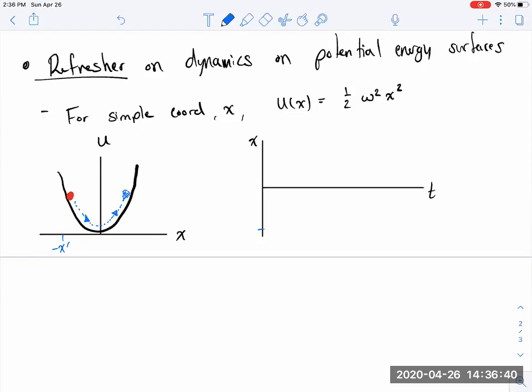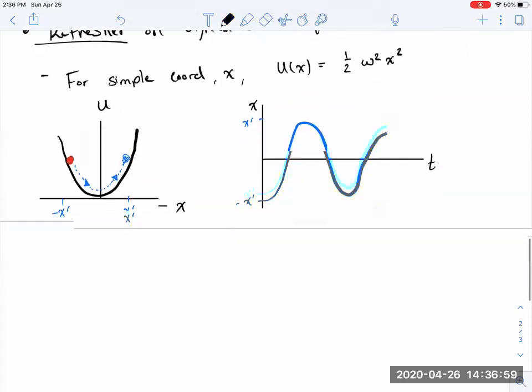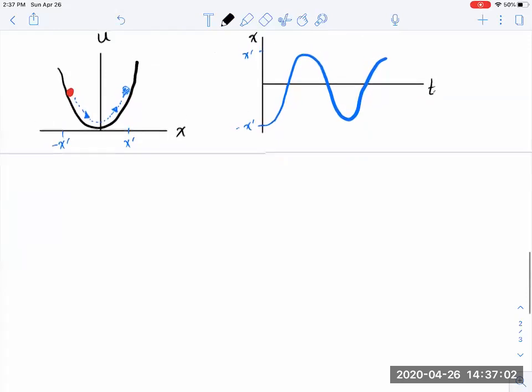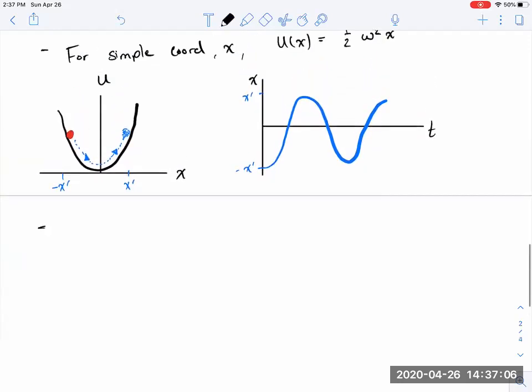So if we had a minus x prime and a plus x prime, Newton's equations would be solved and give us something that moves around periodic like so. Hopefully you all remember how that kind of proceeds. Now, let's increase the complexity a little bit, and say we had now to consider two coordinates.